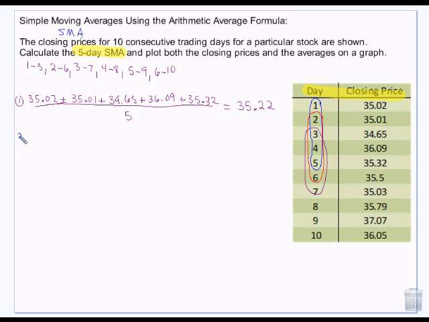Now for the next one, I'm starting at day 2, and I'm going for 5 days. Here I started at day 1, and here I start at day 2.